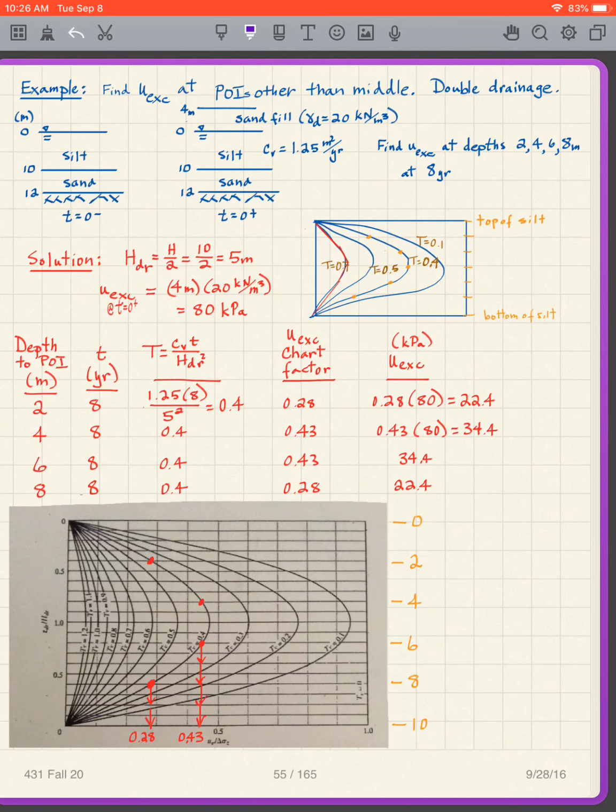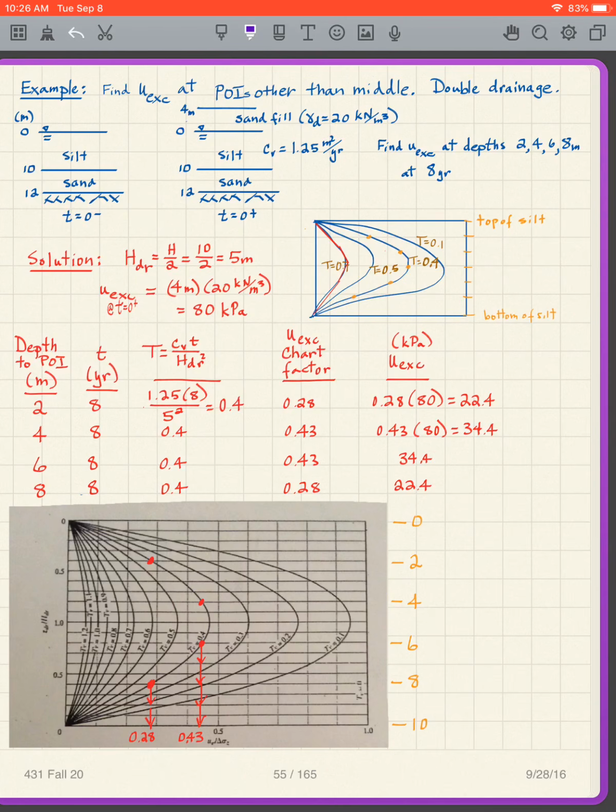So in this particular case, this is my top of the silt, this is my bottom of the silt, and there's my 0, 2, 4, 6, 8. I just come in at the various depths that I'm interested in. So in other words, you've got to break this up to scale. It's not always going to be 10. It just happens we have good numbers, but you're going to have to break that up yourself.